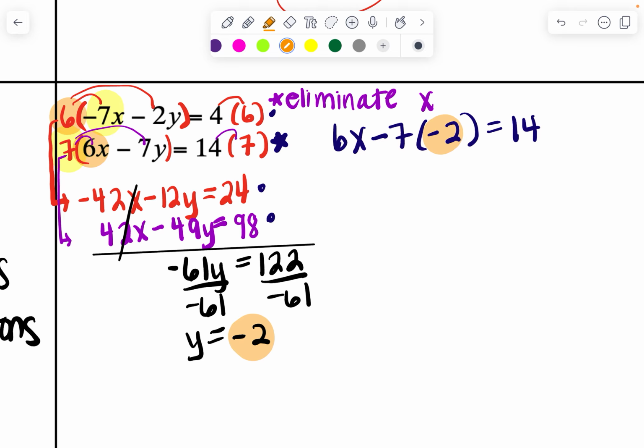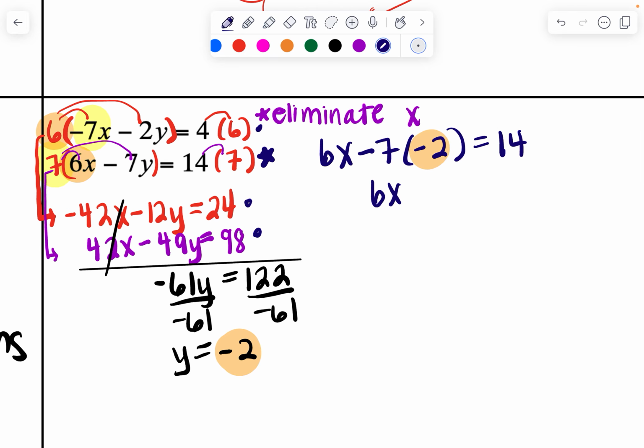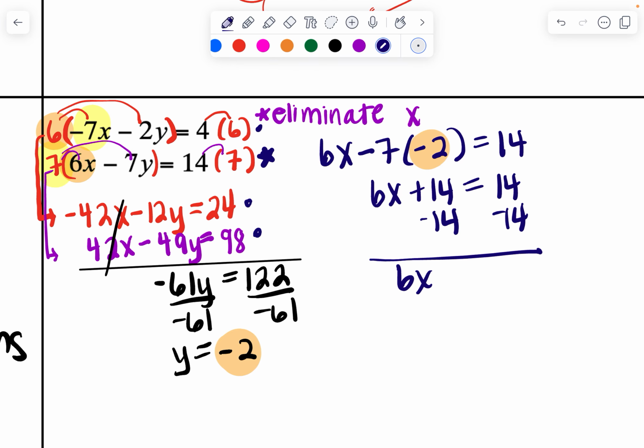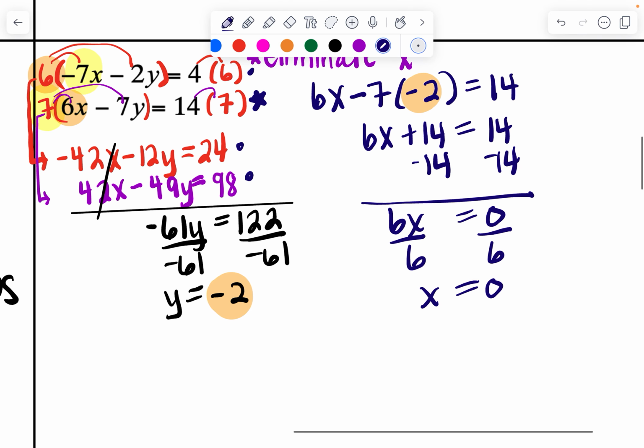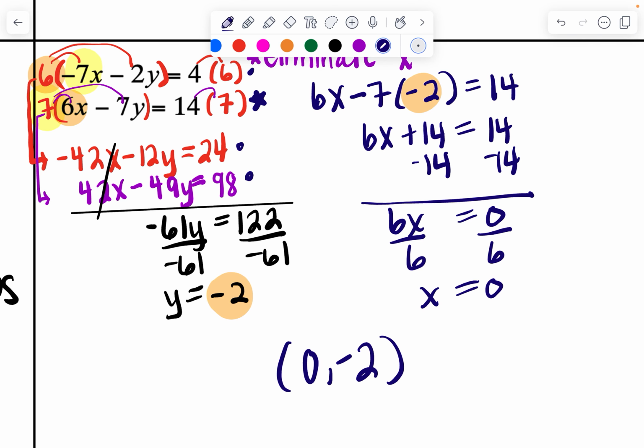So again, y is negative 2. That's why I plugged that in there. Simplifying then, 6x plus 14 equals 14. Taking 14 from both sides, we get 6x is 0, which means x is 0. So our final answer then, 0, comma, negative 2.